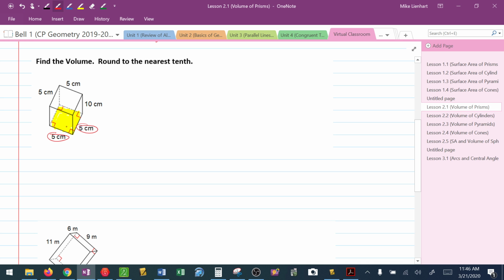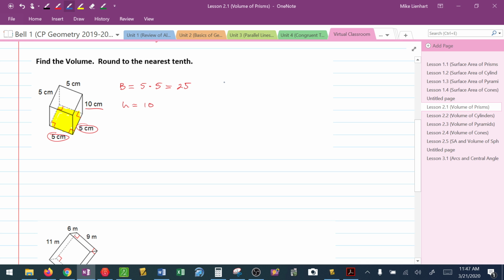I know that to find the area of a square, I take side times side, so I would get an area of the base of 25. If I'm calling that the base, then directly above it would be the other base. And how I move from the bottom base to the top base is I'm going to use this measurement 10, and that's going to identify my height.